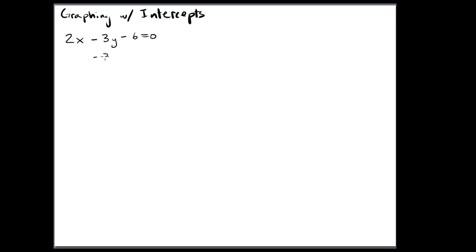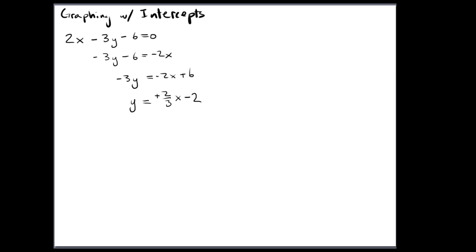So minus 3y minus 6 is equal to negative 2x. Minus 3y is equal to negative 2x plus 6. Y is equal to positive 2/3 x minus 2. Great. That's slope-intercept form.